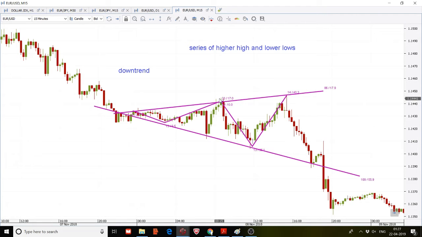So whenever you see three points on the lower side and two points on the higher side, you can keep watch on that instrument continuously.